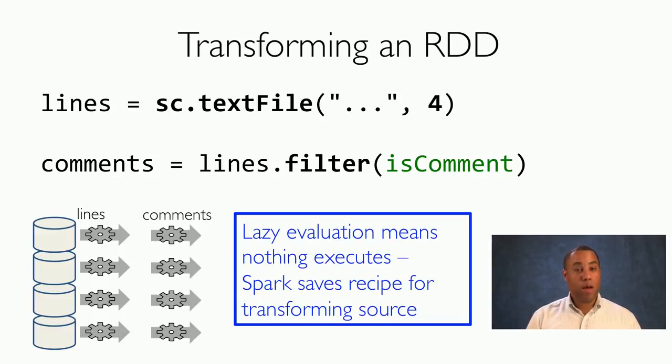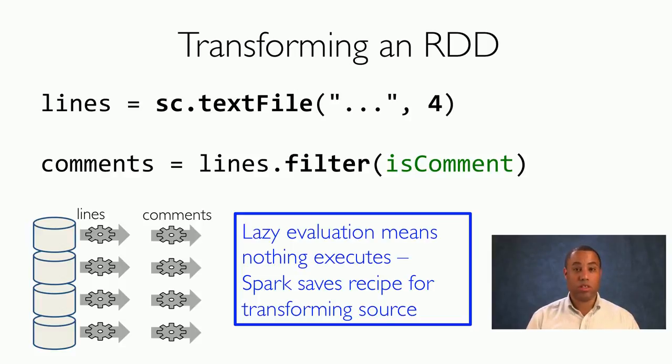So let's look at what happens when we transform a text file-based RDD. So here, we create a new RDD, lines, from a text file, and this is going to create an RDD with 4 partitions. We then filter out lines that are comments. And so here we're passing in a function instead of passing in a lambda.